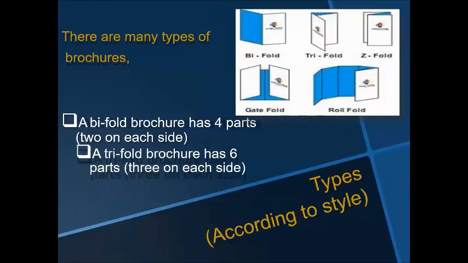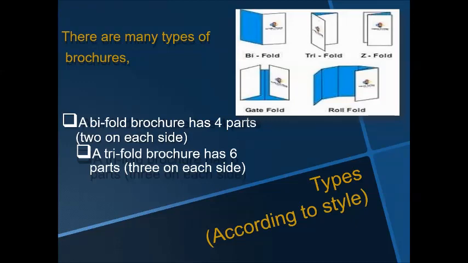So there are many types of brochures. As you can see, we have at least six, but this is just the main types of brochure. We have a bifold, a trifold, a Z-fold, gatefold, and rowfold. So the types of brochure depend upon the type of fold.